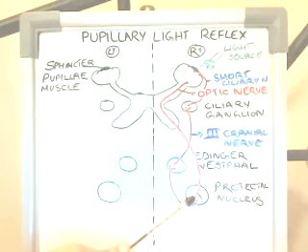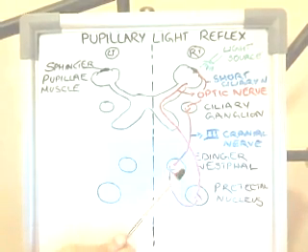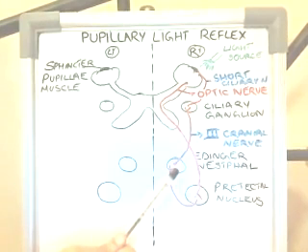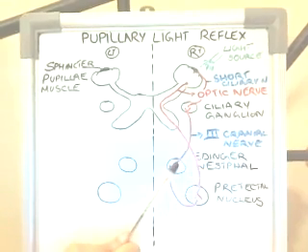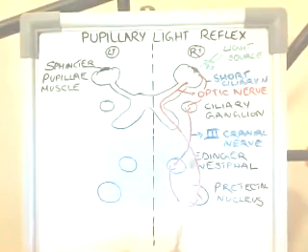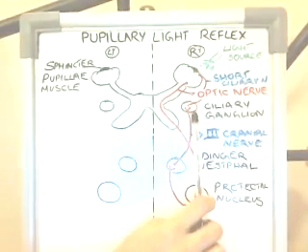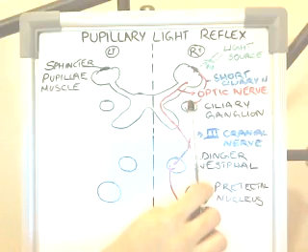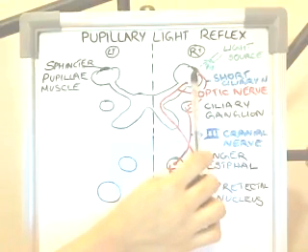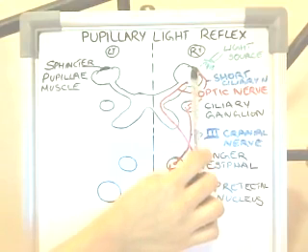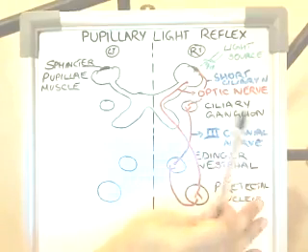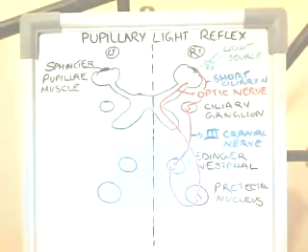The neurons from the pretectal nucleus go to the Edinger-Westphal nucleus, which is again in the midbrain and is the nucleus for the third cranial nerve. The preganglionic fibers begin from the Edinger-Westphal nucleus and end in the ciliary ganglion. From there, the postganglionic fibers innervate the sphincter pupillae muscle, the constrictor muscle of the iris, thereby causing pupillary constriction on the same side.